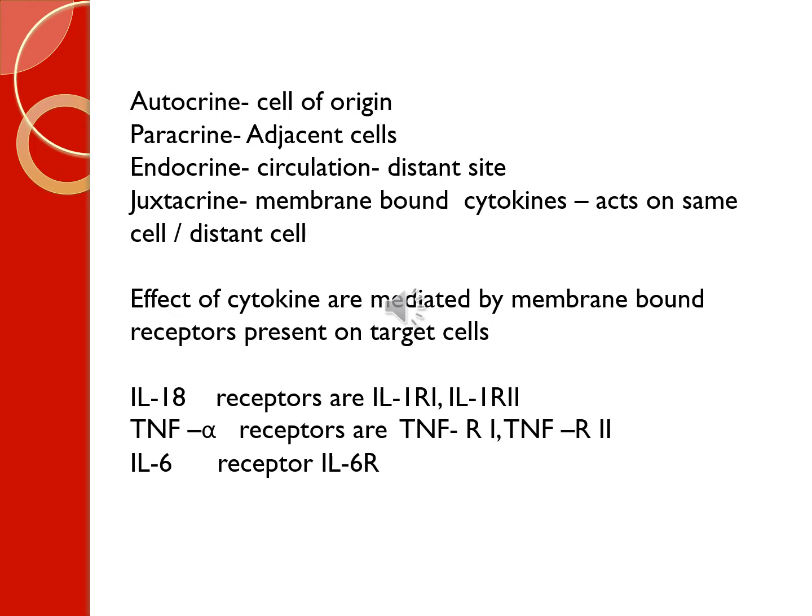For TNF-alpha, the receptors present on various cells are TNF R1 and TNF R2. For interleukin 6, the receptor on various inflammatory cells is the interleukin 6 receptor. We'll understand the cytokine part in more detail when I talk about the immunity and inflammation part.